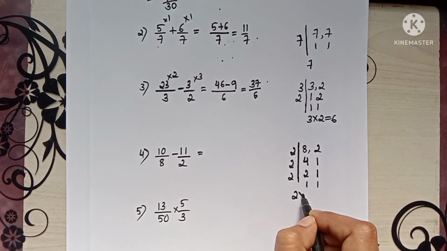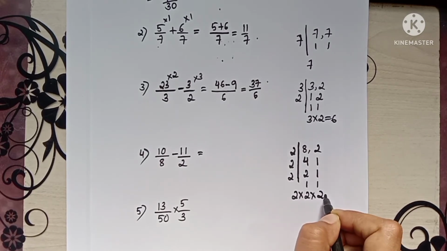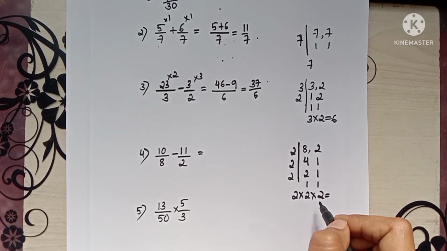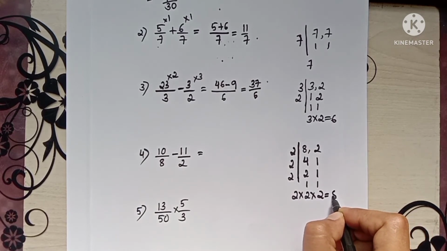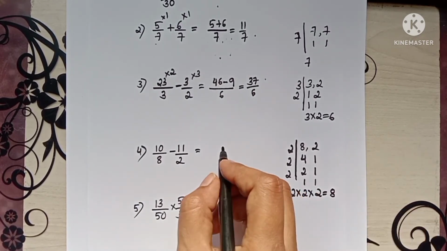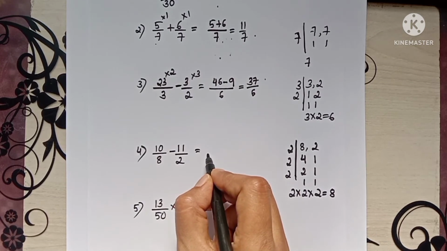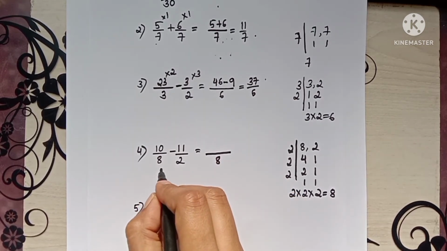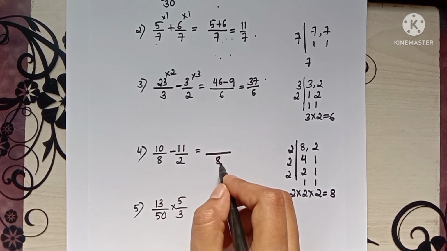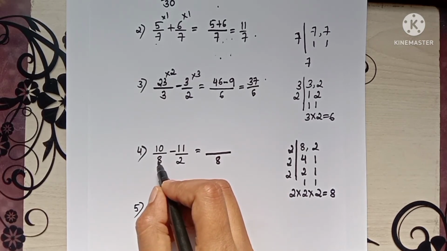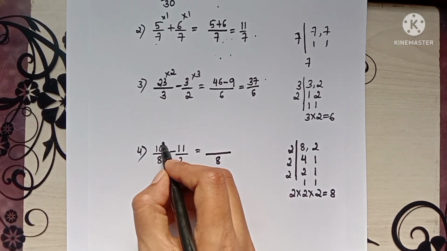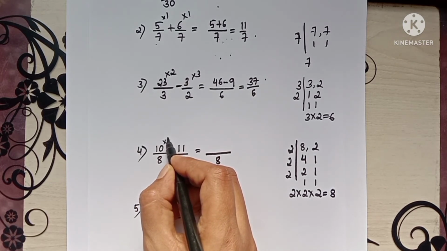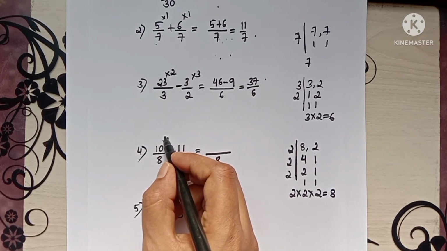That is 2 into 2 into 2. 2 2s are 4, 4 2s are 8. So the LCM is what? 8. The LCM of denominator is 8. So 8 ones are 8.